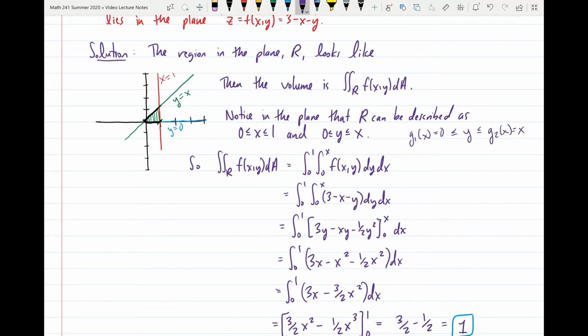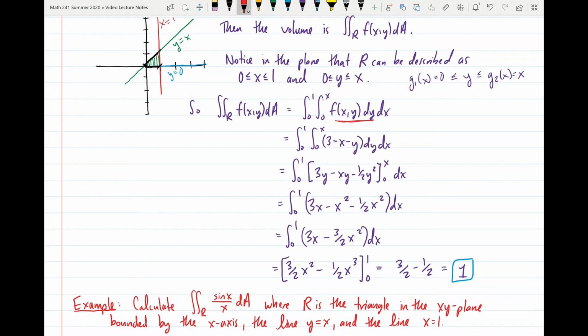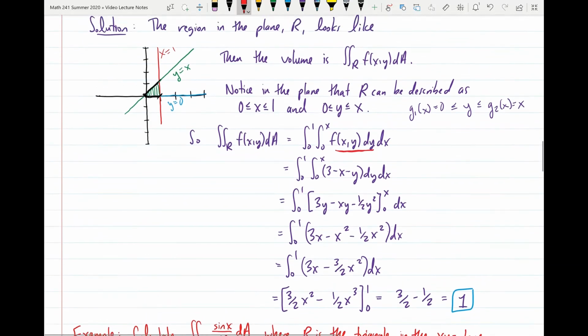So the double integral of f of xy over the region R by Fubini's theorem is going to equal the iterated integral, where we're taking the integral from 0 to 1 of the integral from 0 to x of f of xy dy dx. And notice that we're integrating with respect to y first because we're taking cross sections that are perpendicular to the x-axis.